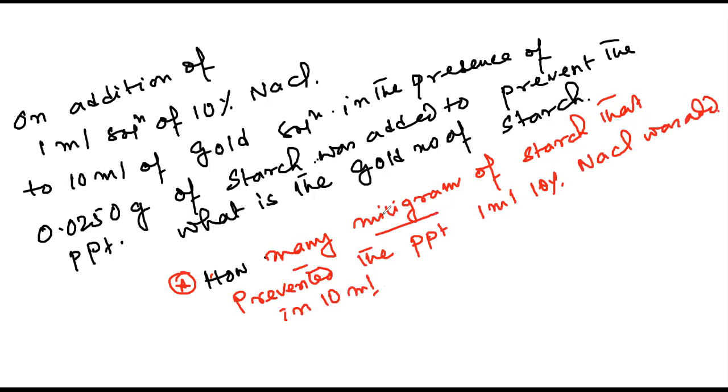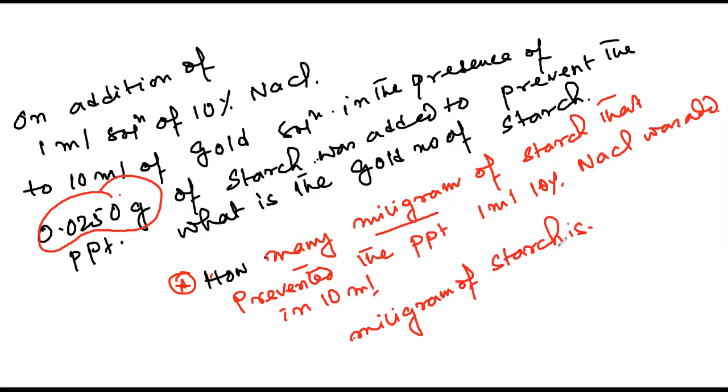So how many milligram? The starch is given in gram. So milligram of starch is 0.0250 multiplied by 1000, that is equal to 25 milligram.